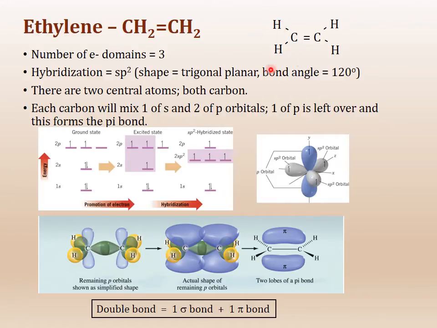Okay, so sp2 hybridization meaning here is the ground state, here is the excited state. In the excited state, you have to mix one of the s and two of the p orbitals. So when you mix the one s and the two p orbitals, one p orbital is left behind. Okay, and so here are the new hybridized sp2 orbitals, and here is the poor unhybridized p orbital left behind.